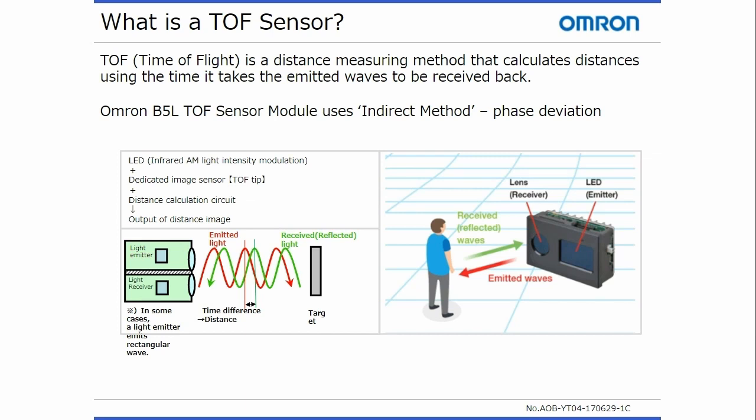Using the indirect method, OMRON's B5L Time-of-Flight Sensor Module calculates distance based on the phase shift between the emitted and received light. The extensive distance data is then converted into 3D point cloud data. The infrared light waves are emitted in short pulses and reflected back to the dedicated image sensor, and then fed to OMRON's distance calculation circuit and converted to output the distance image.